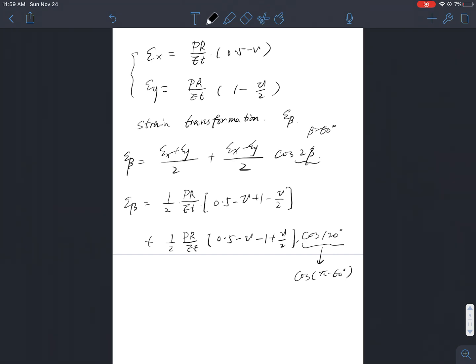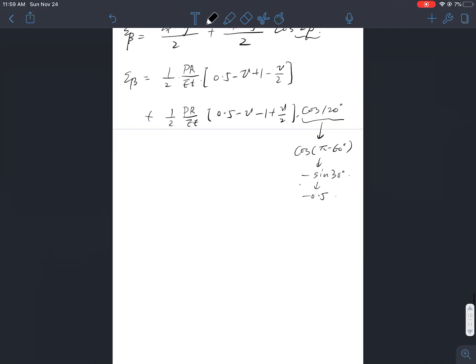Okay, let me punch in the calculator real quick. So 120. Okay, so I got a minus sine 30, equal to minus 0.5.